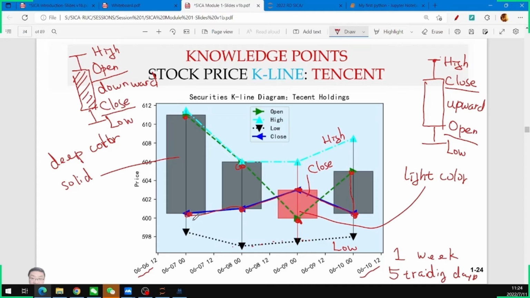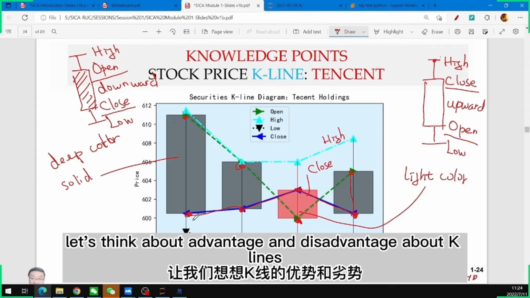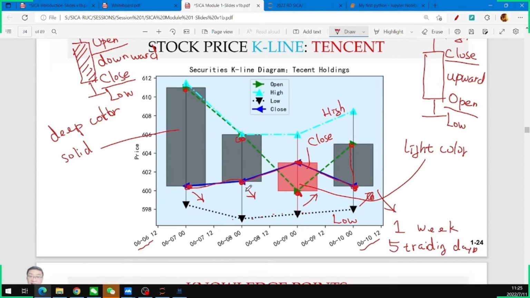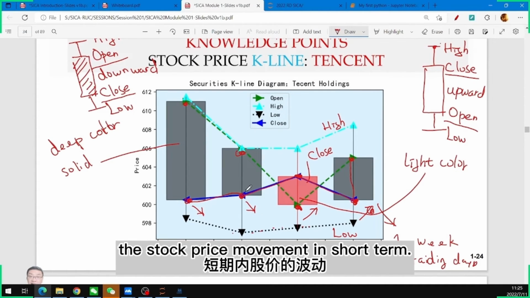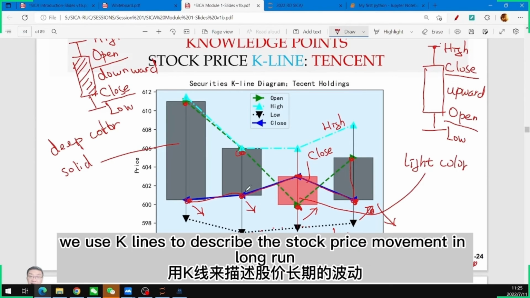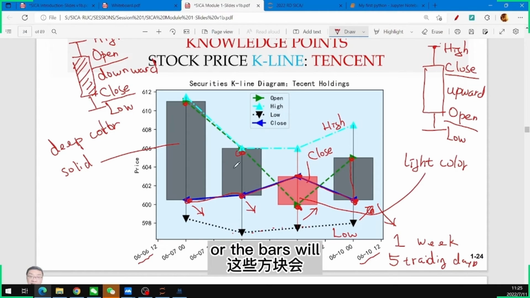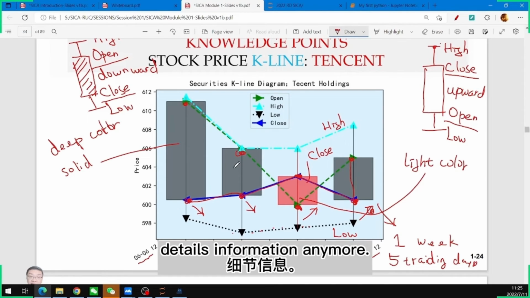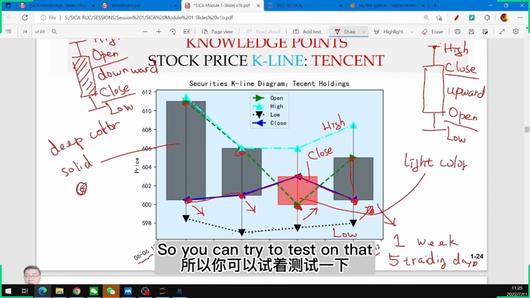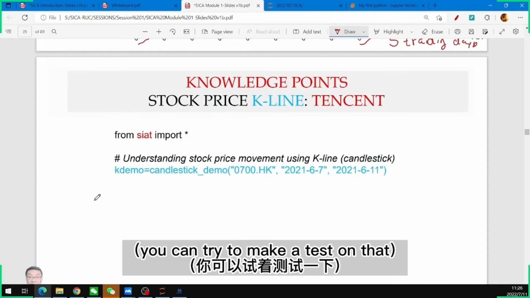But let's think about the advantages and disadvantages of K lines. K lines are more suitable to describe the stock price movement in the short term. If we use K lines to describe the stock price movement in the long run, all the bars will be shrunk into dots, and we are not able to see the detailed information anymore. You can try to make a test on that.